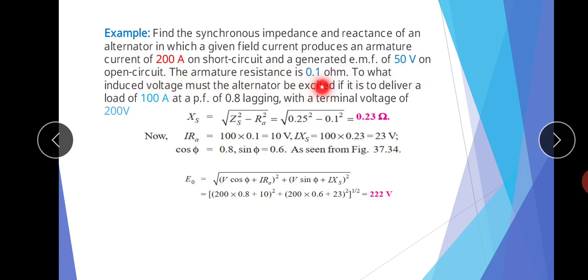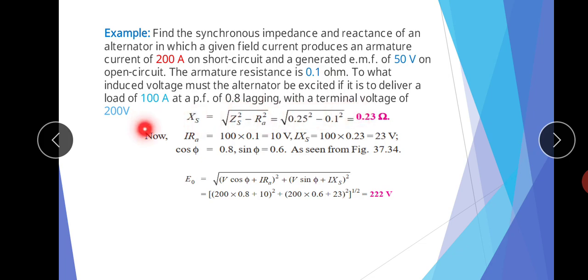The armature resistance is 0.1 ohm. What induced voltage must the alternator be excited to if it is to deliver a load of 100 amperes at power factor 0.8 lagging with a terminal voltage of 200 volts?